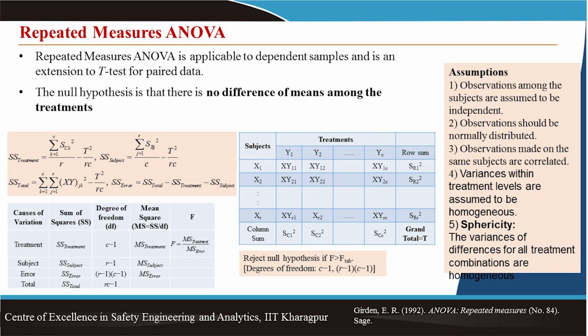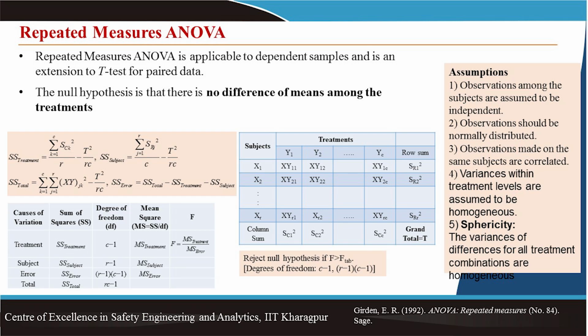Similarly, R minus 1 degrees of freedom for subject, and R minus 1 into C minus 1 degrees of freedom for error, and for total, because there are R C total observations, R C minus 1 degrees of freedom.